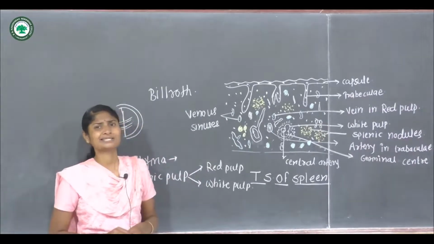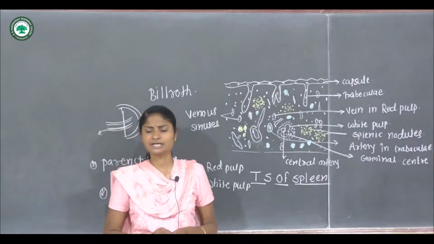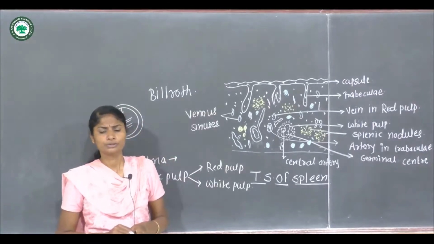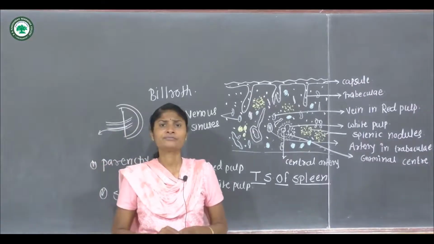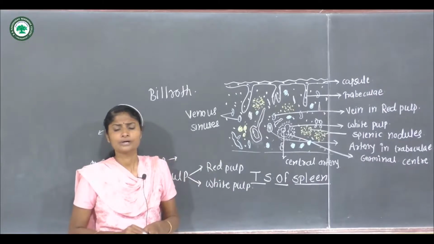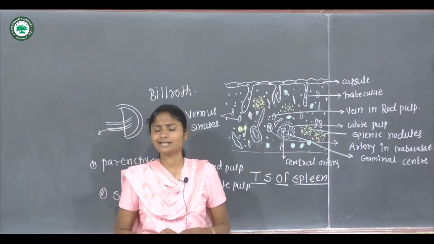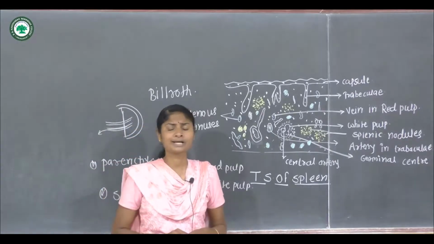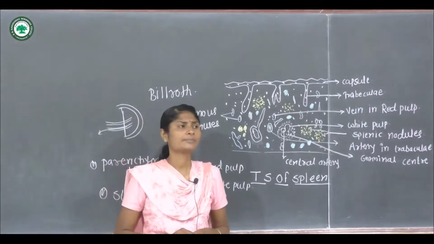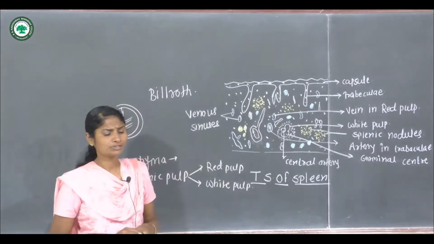It destroys worn out RBCs and returns the hemoglobin to the blood, which is used for new RBC formation. The spleen acts as an organ of blood formation during fetal life, but after birth it forms only lymphocytes and monocytes.